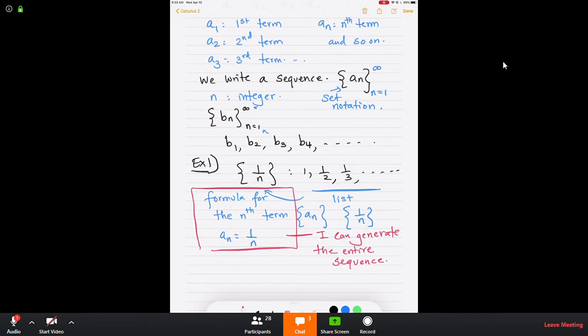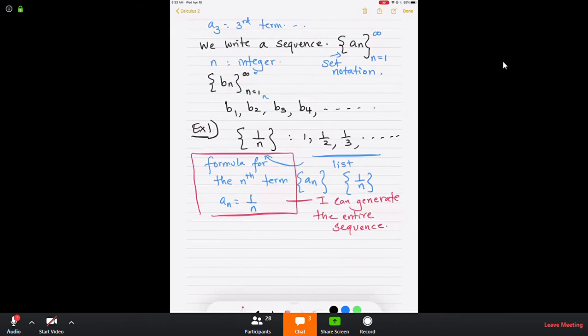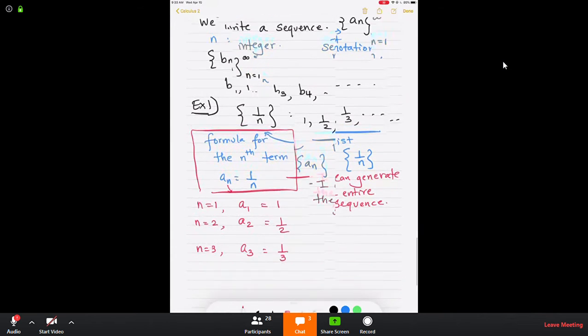Well, how do I do that? Here it goes. When n equals 1, this is a1, and the term is 1. When n equals 2, it is a2, the term is a half. When n equals 3, it is a3, the term is a third, and so on and so forth.